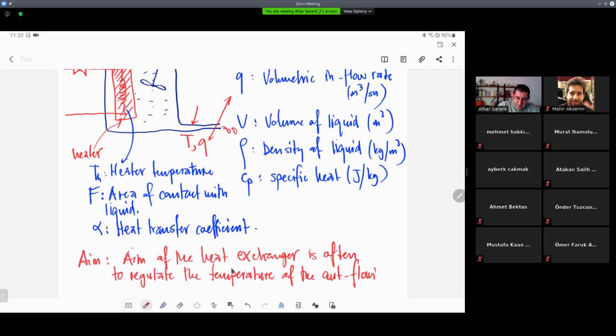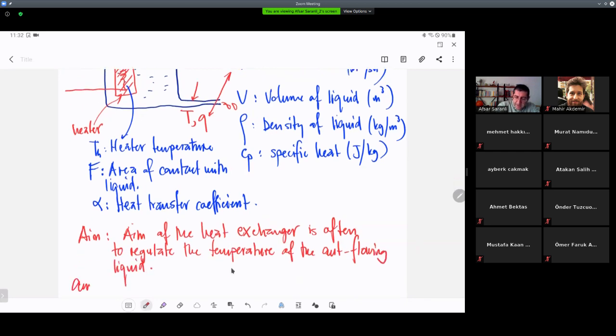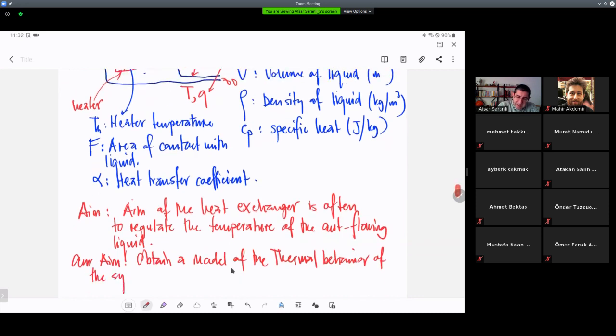Our aim is to obtain a model of the thermal behavior of the system. And we will see that this will be a lumped parameter model.